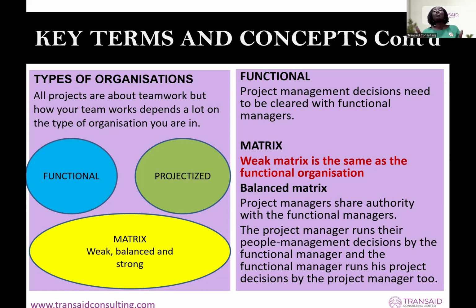So you need to know how to negotiate. Oh, I need this person to help me for 2 hours. Meanwhile, he or she, the functional manager, also needs the person. So you negotiate. Okay, I can't have the person by 2. Can I have the person by 4 p.m.? So you don't call the shots. Both of you are sharing equal authority.